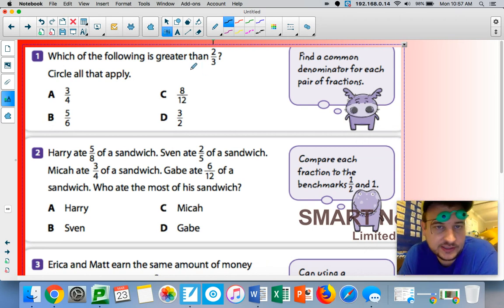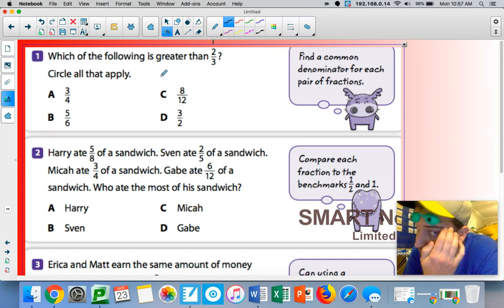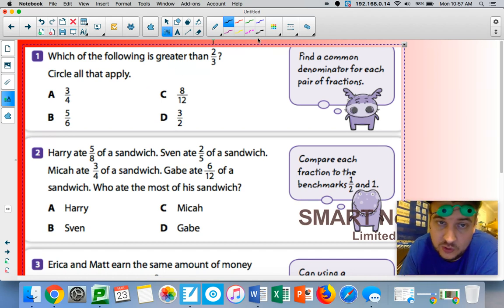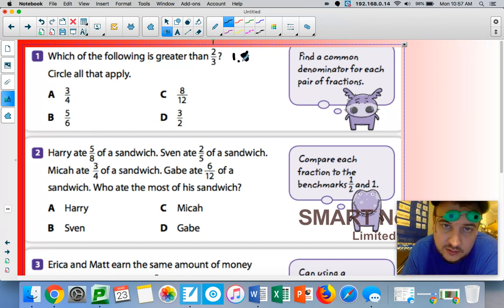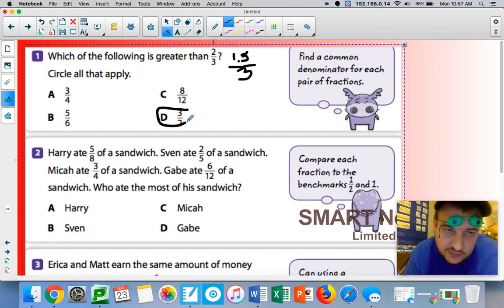Which of the following is greater than 2/3? Circle all that apply. Okay? Halfway of a third would be 1.5. So this is bigger than a half. So first off, this is greater because it's improper.